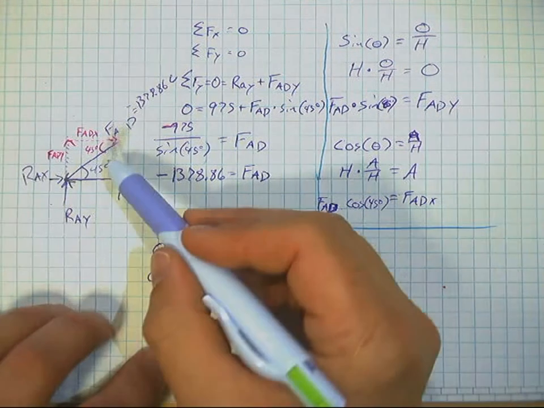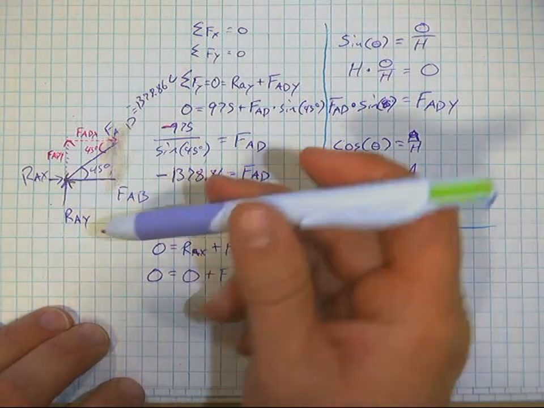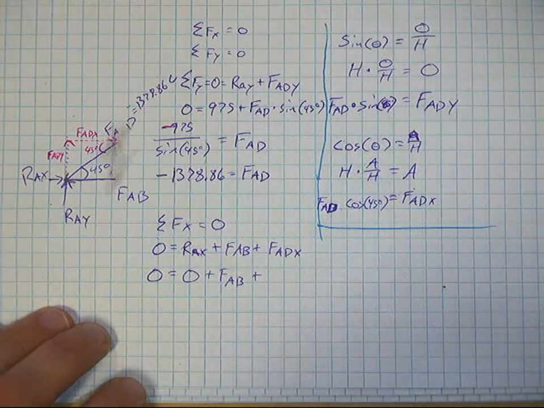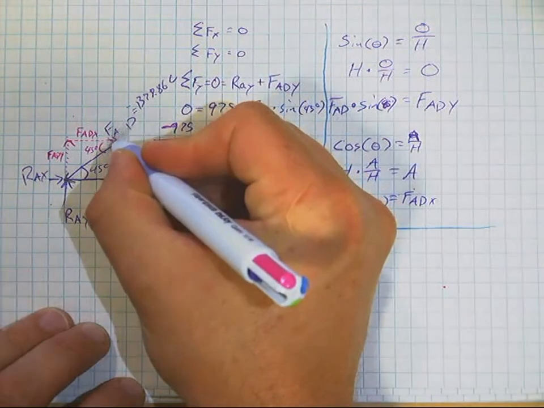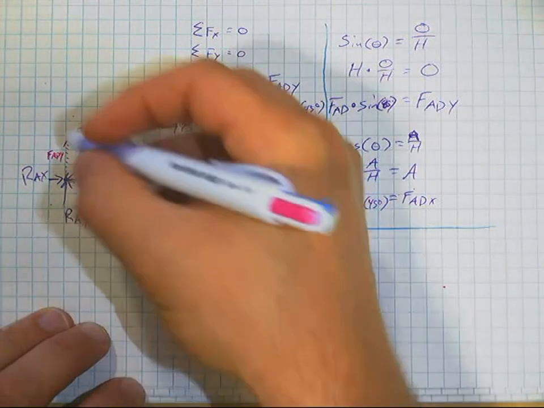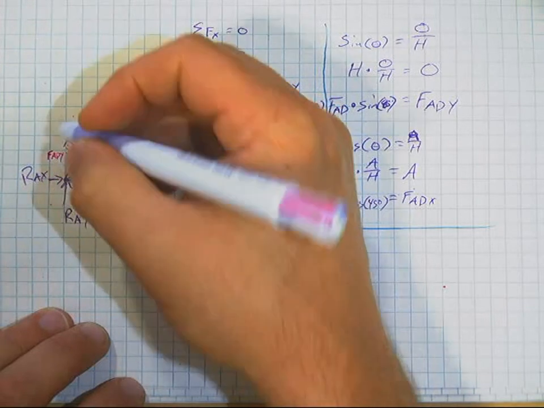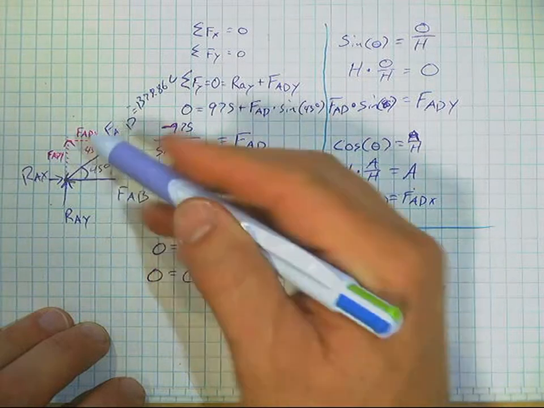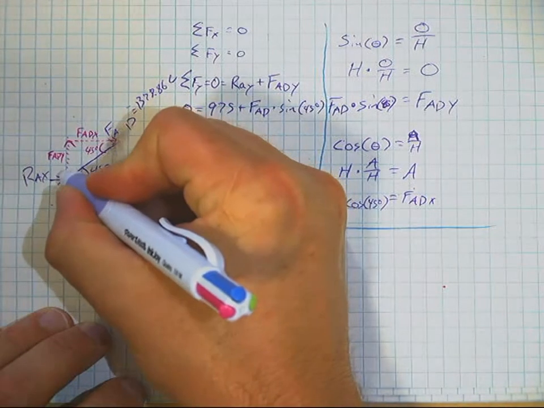Now, because we know it's compression, we know that FAD is acting down and to the right. So these component vectors are actually different. Originally we wrote FADY as pointing up; we now know that FADY is pointing down.